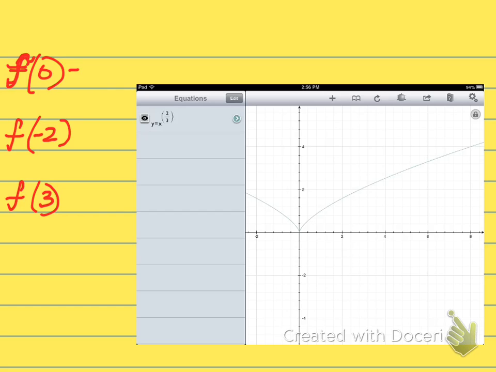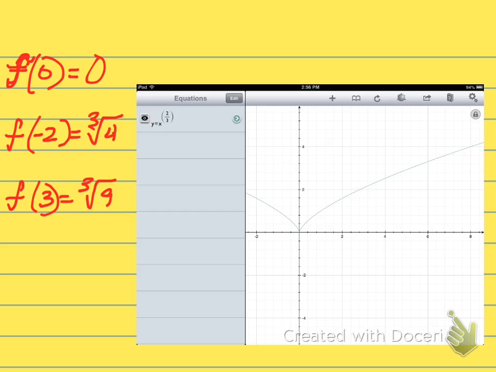If I plug 0 into the function, not the derivative, the value of the function is 0. If I plug in -2, the value is the cube root of 4. And if I plug in 3, I get the cube root of 9.